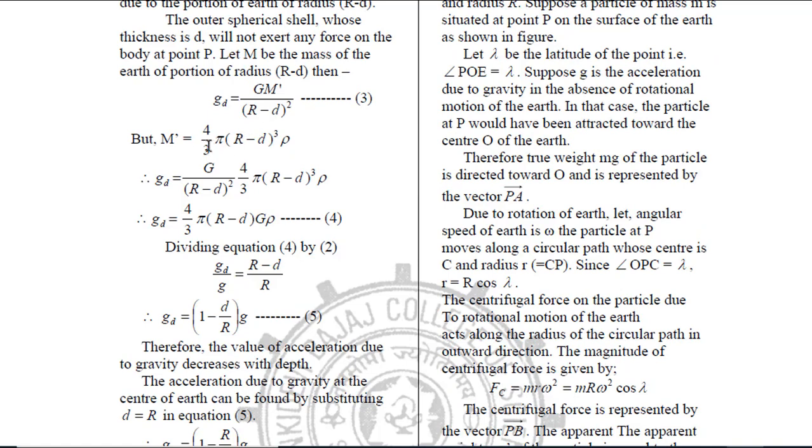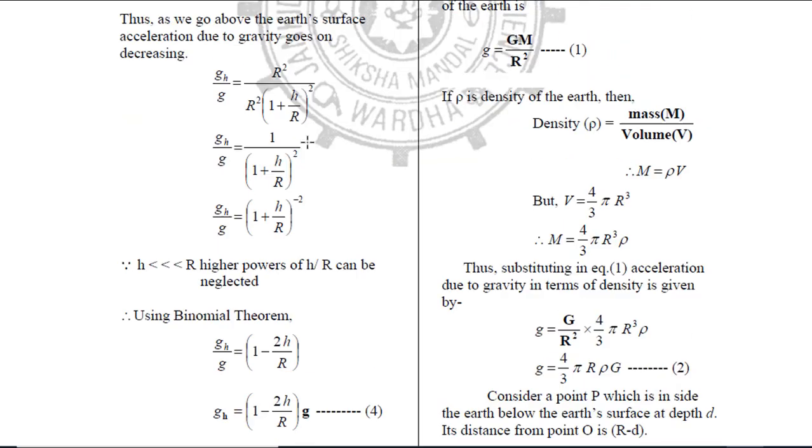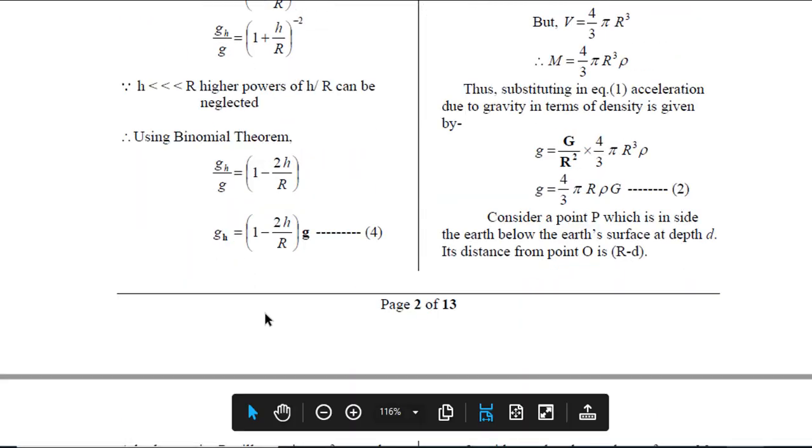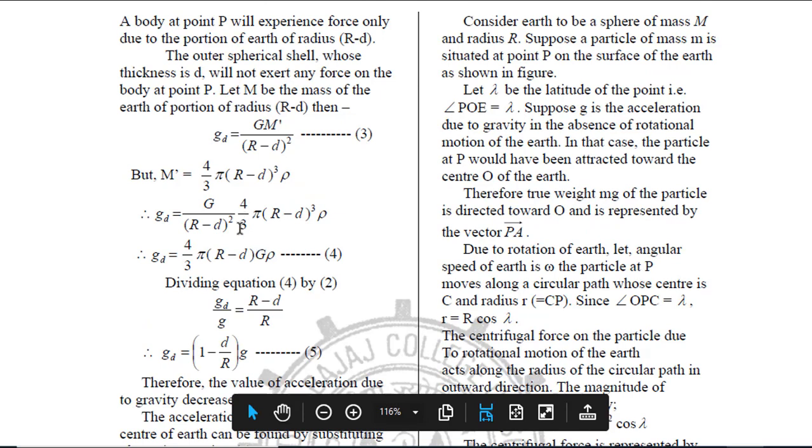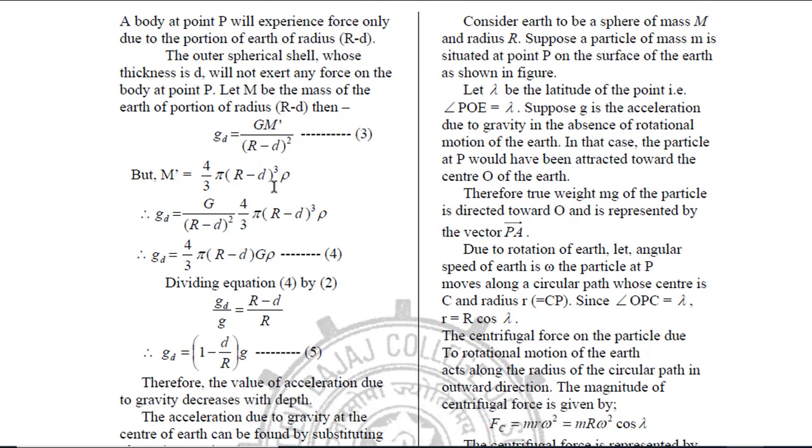Again we know that mass is given by 4/3 pi, the radius cubed. Now the radius is r minus d, because that's the sphere we are speaking of, the inside sphere. So r minus d cubed times density.